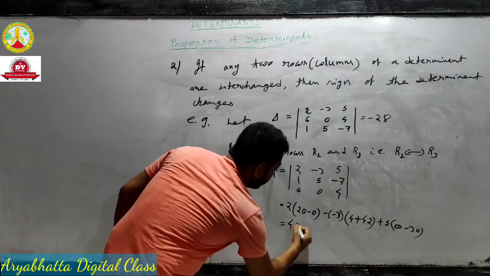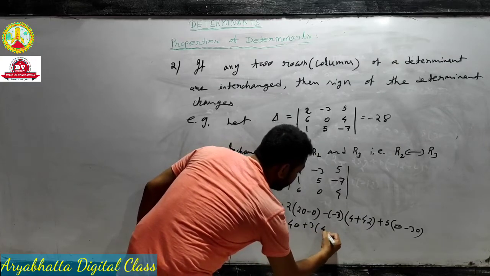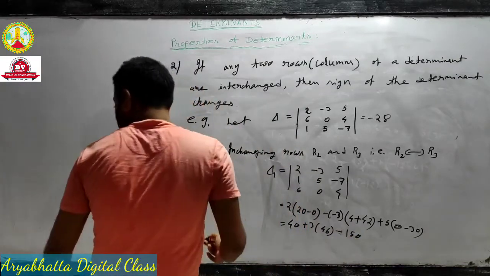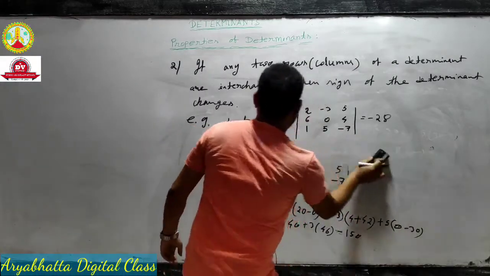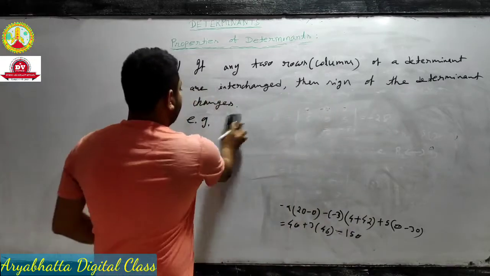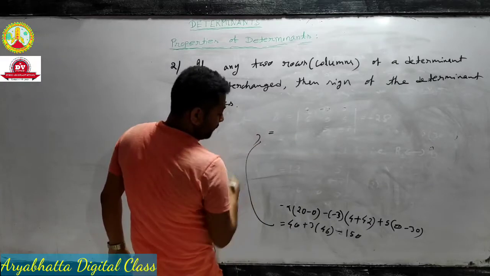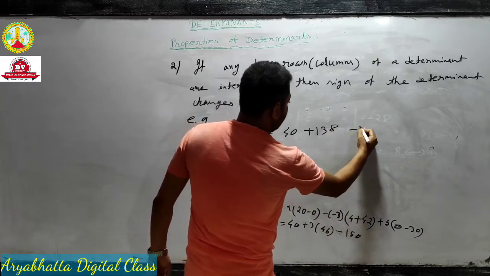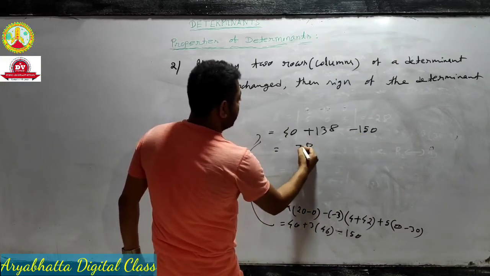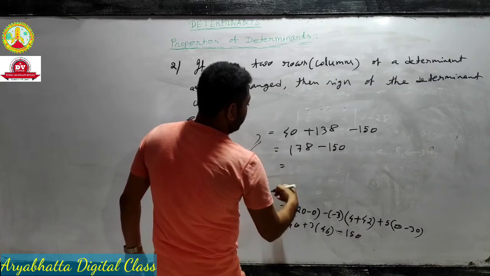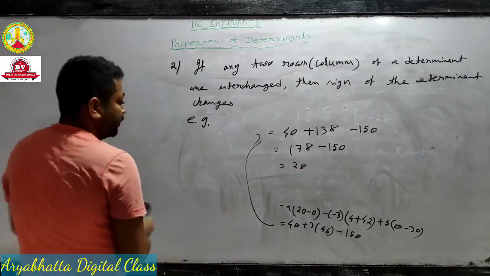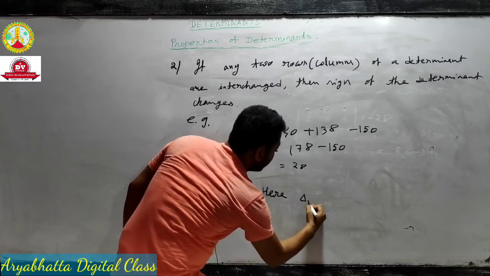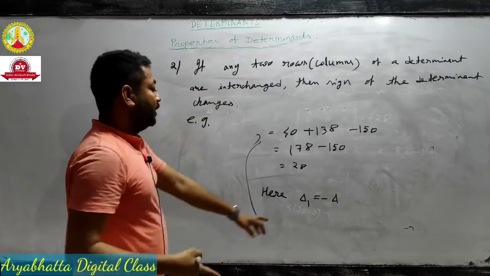This is equal to 40 minus 138 minus 150, which is equal to 28. Here delta 1 is equal to minus delta.